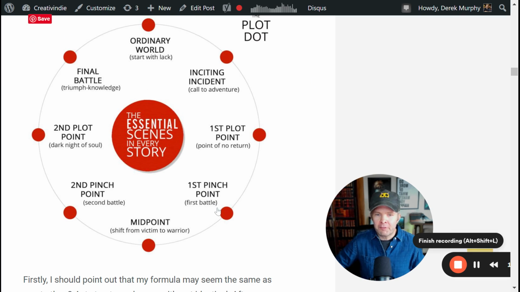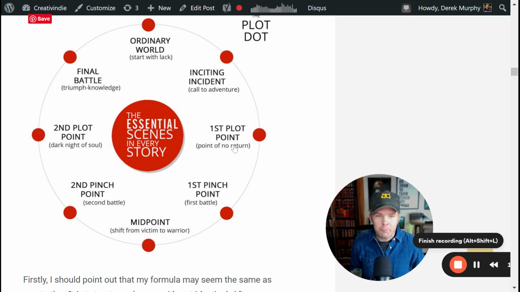First pinch point is the first battle, second pinch point is the second battle, and then the final battle is here. So throughout this process, they're also figuring out who or what the antagonist is, what the opposition is. There's a lot of understanding and information that can be parsed out later, but it is always going to be a process of discovery. And you don't want them to find out too much too early.